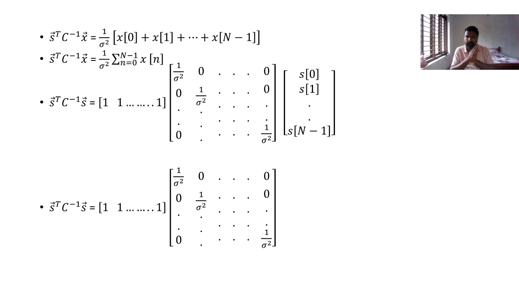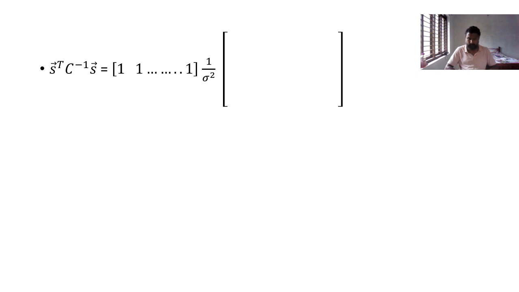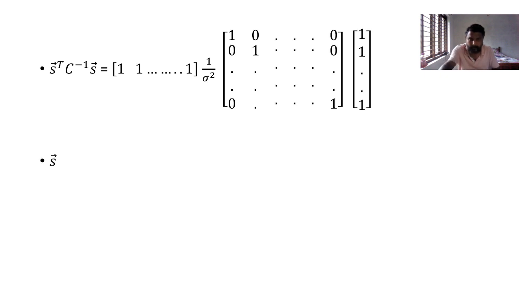Also 1 1 1 1. So that changes to 1 1 1 1, 1 by sigma square, again 1 1 1 1. Just expand that one.